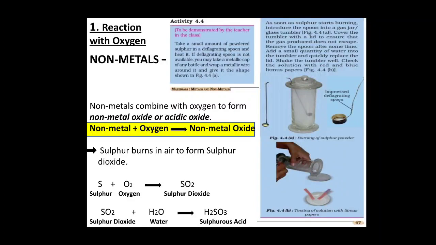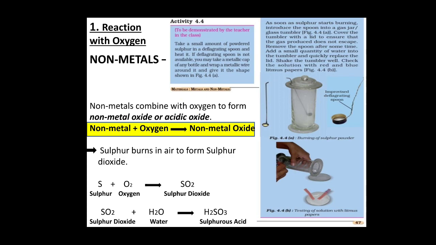Now, children, we will see one of the activities given in your book on page number 47, that is activity 4.4. I have just pasted the same pictures from your book here. On the right hand side you can see. What we have to do here is the same experiment, the reactions I had given for sulfur, just before, now we have discussed about it.